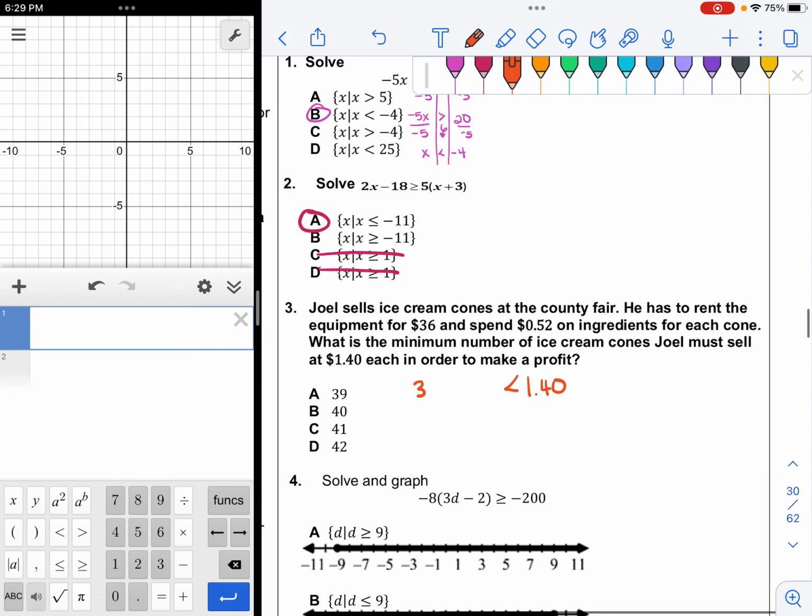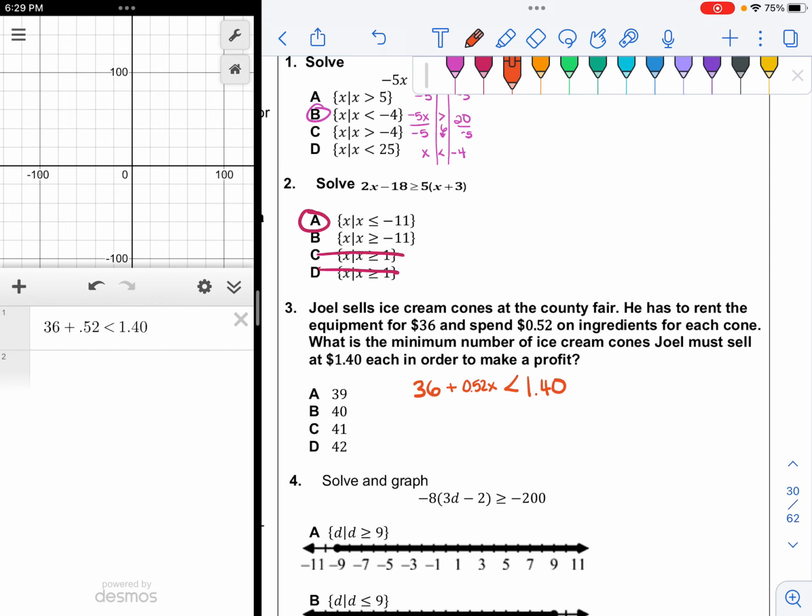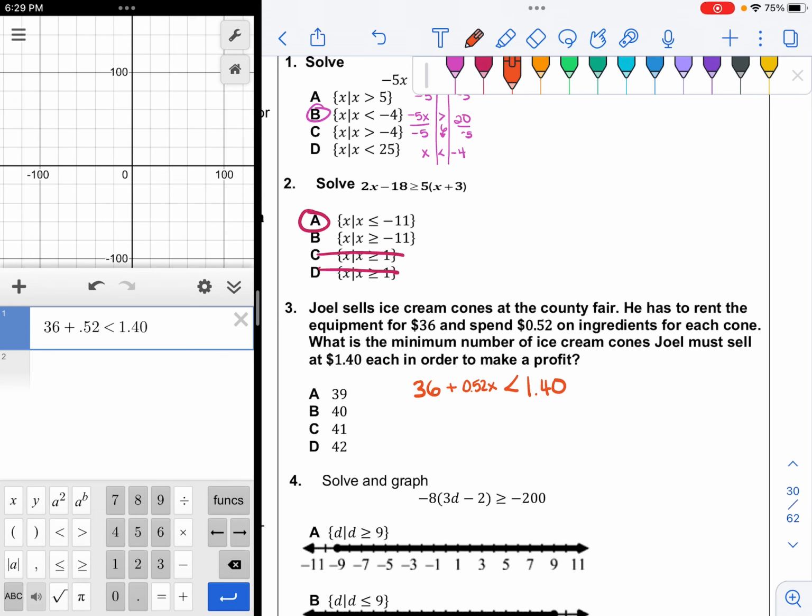So then we've got $36. He has to spend $36 plus 0.52 per cone, so that's going to be our x. So when we plug that in, 36 plus 0.52x is going to be less than $1.40. Oops, I forgot the x.